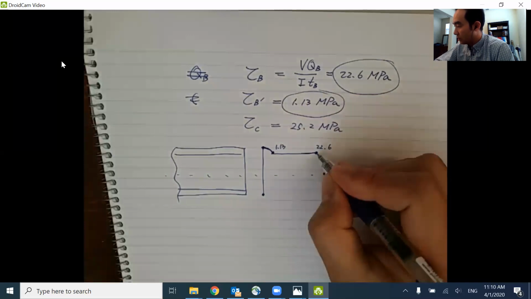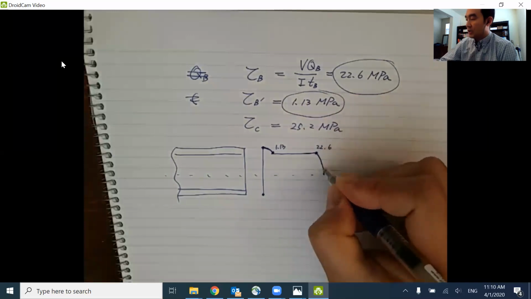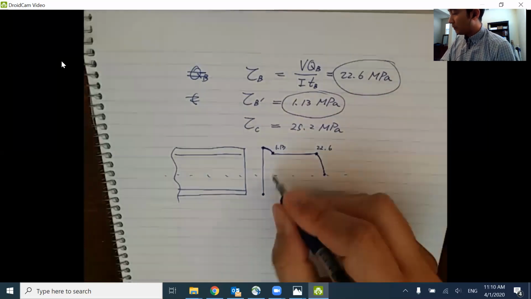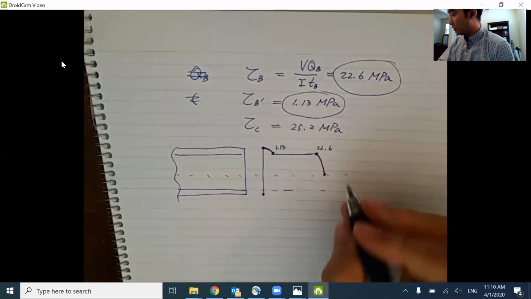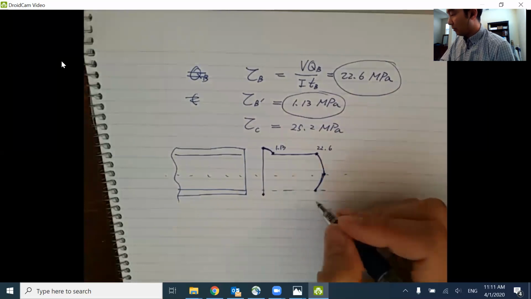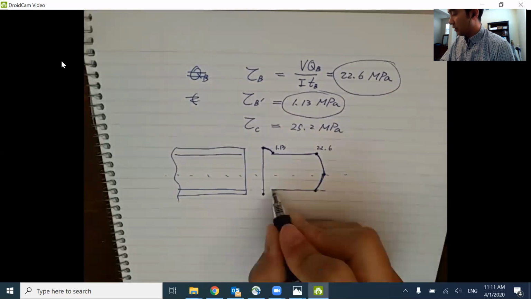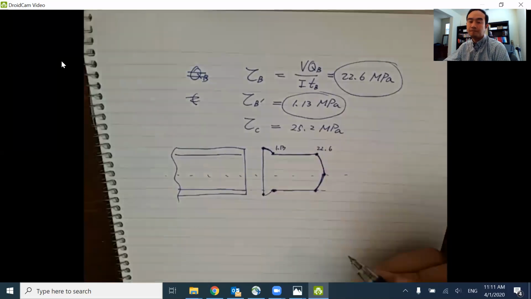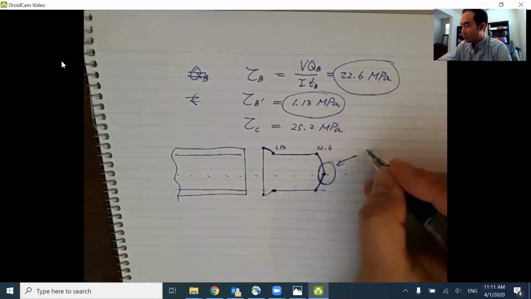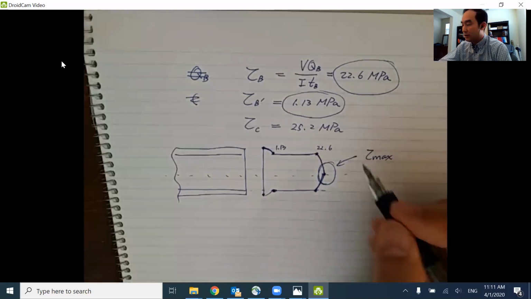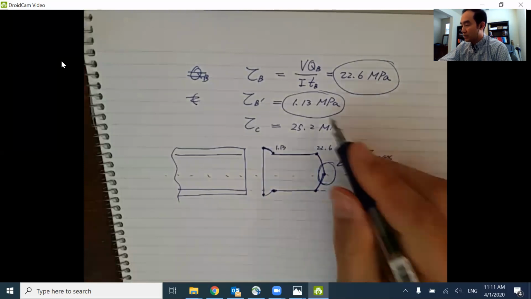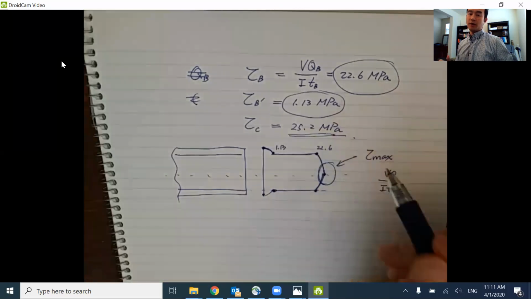And this is also a nonlinear curve. The remaining section is exactly the same. So let's go back to 22.6. Sorry about the poor drawing. And then going back to 1.13 suddenly, and then going back to 0. As you can see, this is the point where we got the maximum shear stress based on this equation, VQ over IT, and the maximum shear stress is going to be 25.2 megapascal.